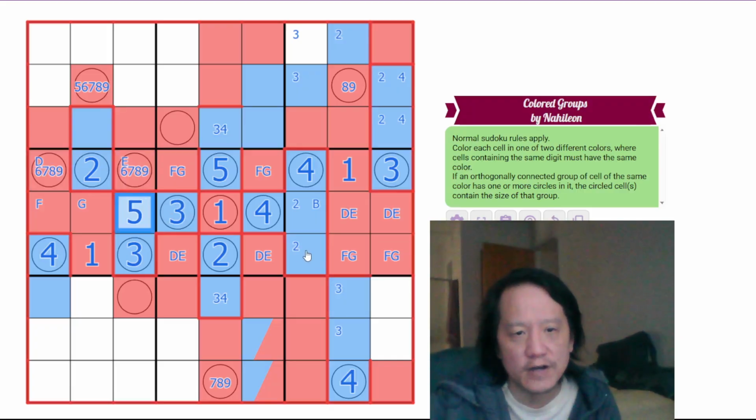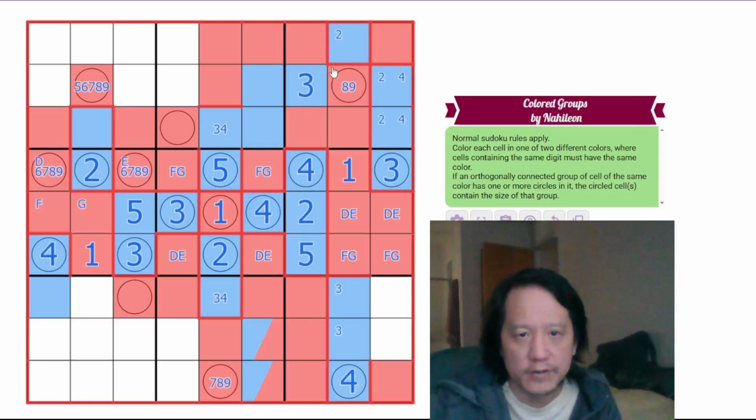So this is 5. This has to be 2, and this is 5. So that makes that 3. This can't be 3. This is a red. So this is boundary, boundary, boundary, boundary.